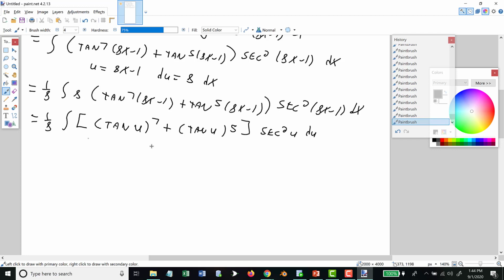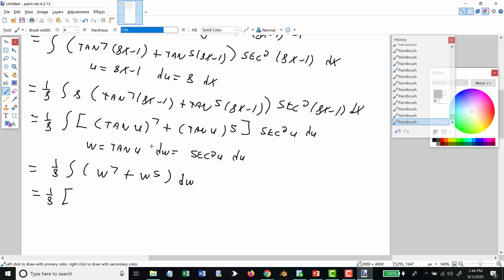Now, I'm going to let w equal tangent u. The derivative of tangent is secant squared u du. So tangent u's get replaced by w. The secant squared gets replaced by dw. So this becomes 1/8 the integral of w to the 7th plus w to the 5th dw.